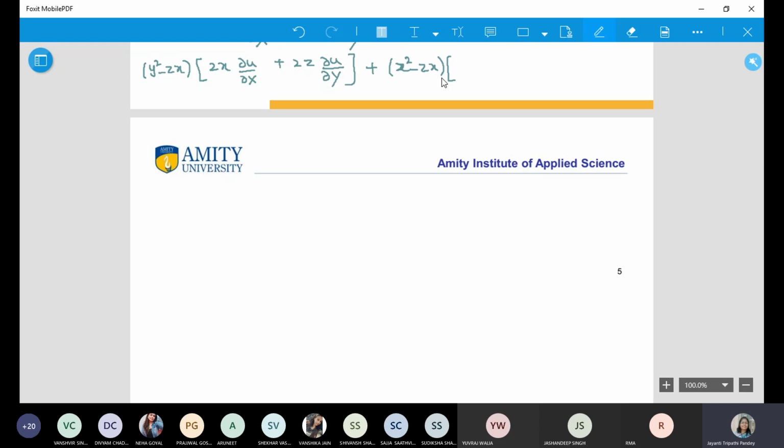So from the formula, 2z plus 2y. Then the third term is z square minus xy, and then 2y.